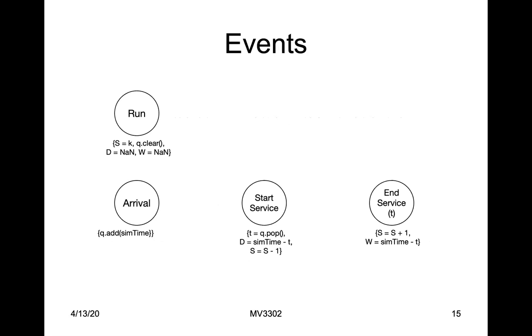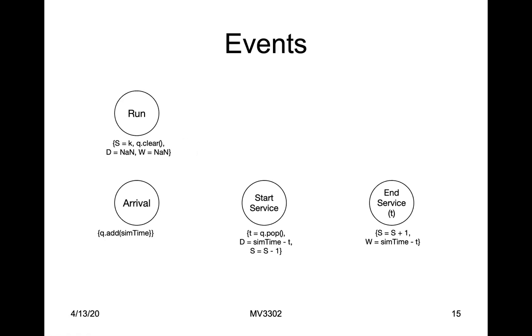Okay, so let's look at events now. That is state transition. We always start with the run event. In this case, the number of available servers is K, how many we have. And remember, our queue is going to begin empty, so we clear it.